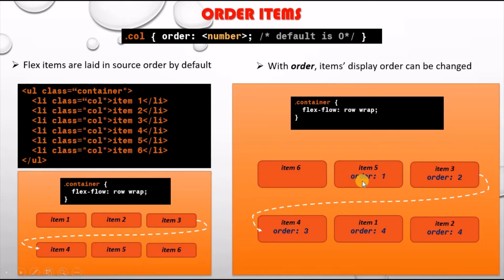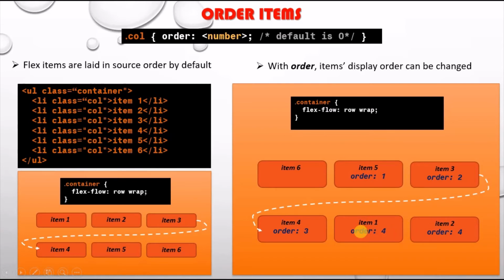So what order does is items are arranged in ascending order. That is, if you look at this example here, order 0, order number 1, order number 2, order 3, order 4. Right, and I want you to pay particular attention here. You see there's order 4 and order 4. But item number 1 is displayed first before item number 2.